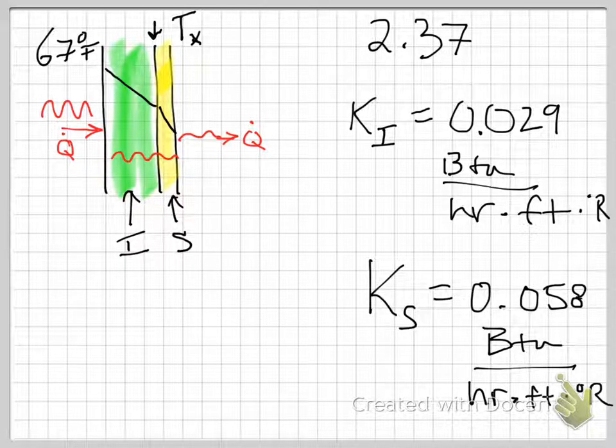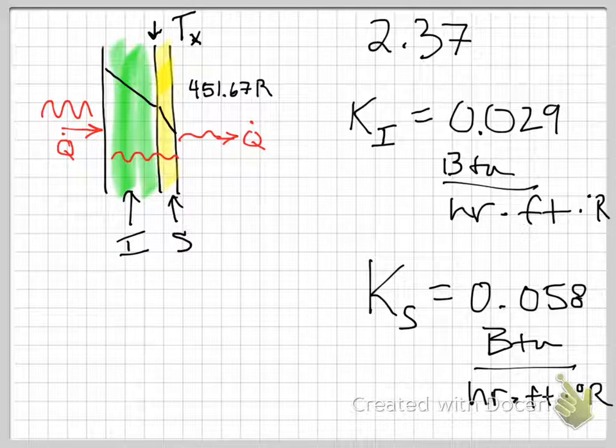So this temperature outside is 451.67 Rankine. And here on the inside, it is 526.67 Rankine.